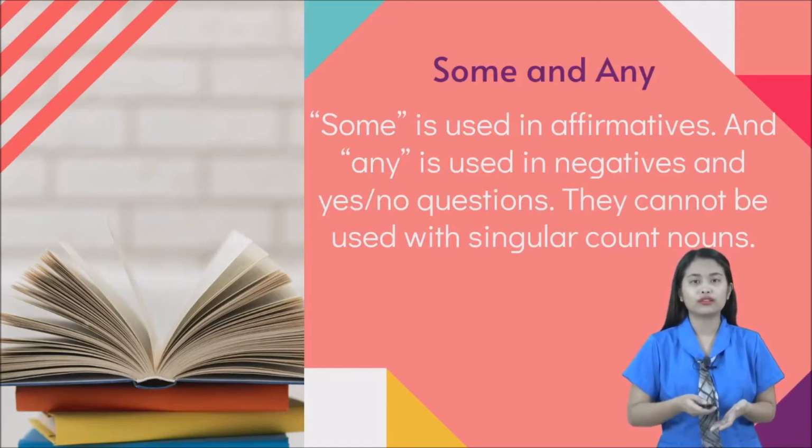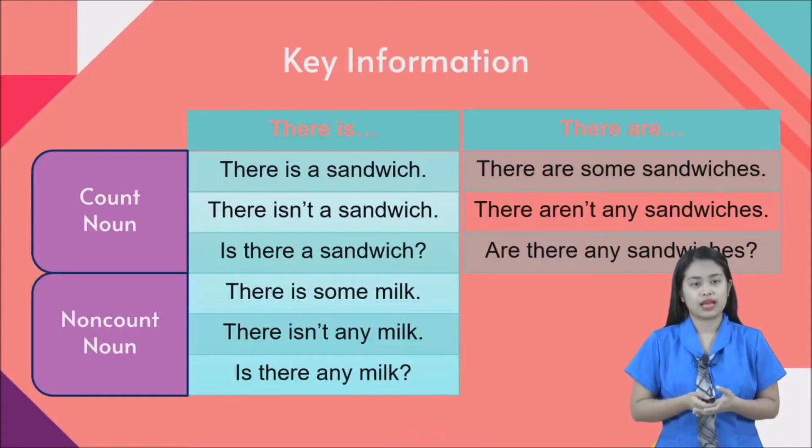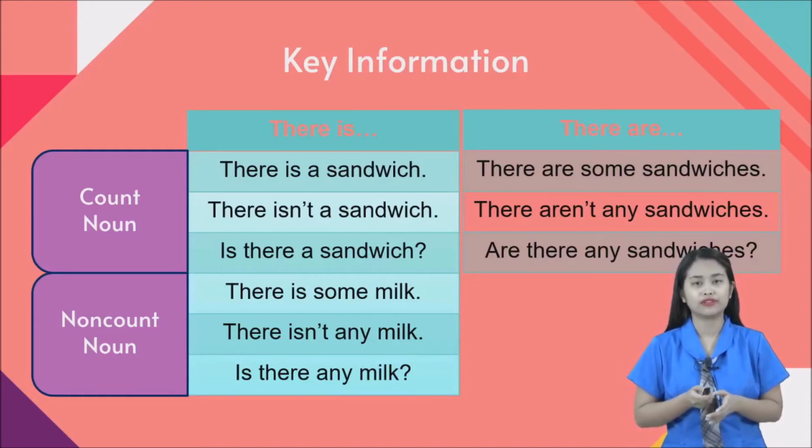So for you to understand it more, let us have some examples. Let us have some key information. We have a table here. For there is and count noun, the first is there is a sandwich. Then the next one is there isn't a sandwich.